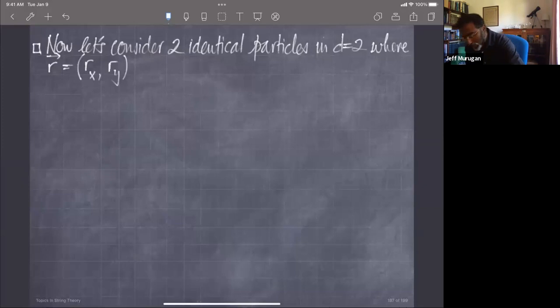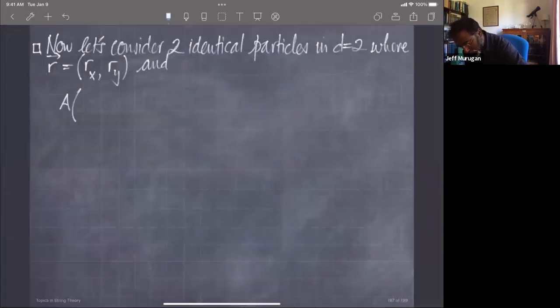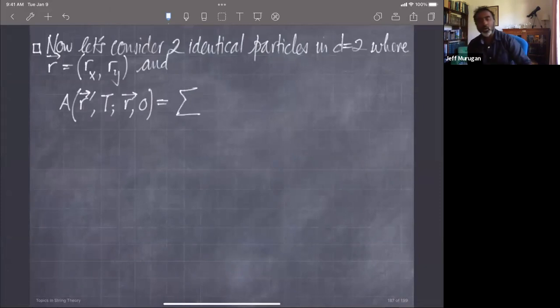And again, we'll find that the total amplitude A of R prime T R 0 is a sum over paths, and it will be a sum over direct paths and exchange paths.